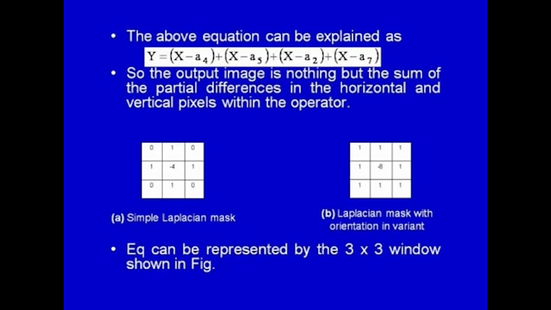So, the output image is nothing but the sum of the partial differences in the horizontal and vertical pixels within the operator, and this is illustrated in figure A. If the analyst is interested in also including the edges which are at 45 degrees and 135 degrees, this particular mask may be rotated by 45 degrees about the central pixel, and this creates a new filter which is known as the Laplacian mask with orientation invariance.